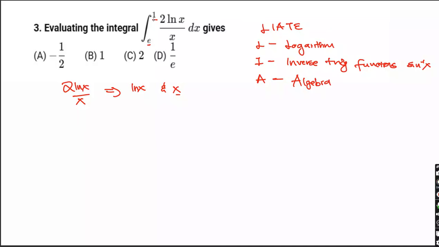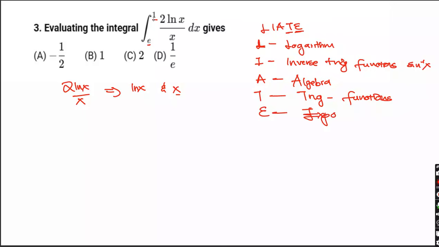When you look at ln x, it is in the form of logarithm. Anything in the form of logarithm has a high chance of being chosen first in preference to the others. Then T is just for trigonometric functions, or trig functions, and the last, which we go for, is exponential functions.